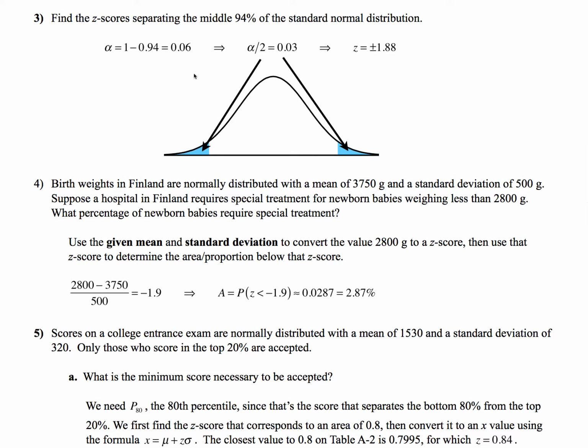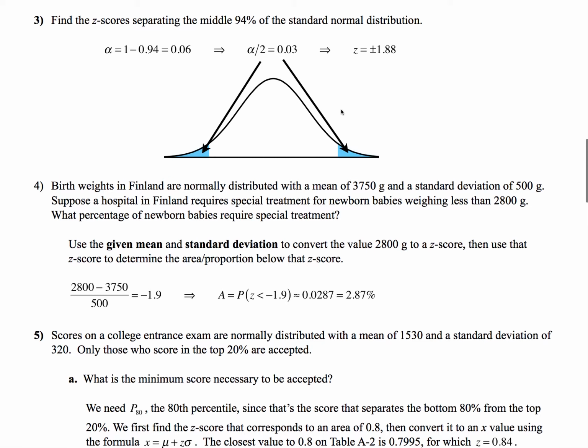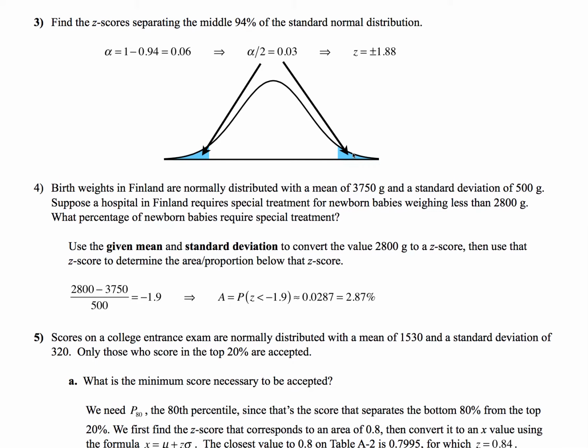And so if this white area is 0.94, then the blue areas put together are the remainder, the complement, 0.06. That makes the area in each of these tail sections half of that, or alpha over 2, 0.03. So this area is 0.03 and this area is 0.03.